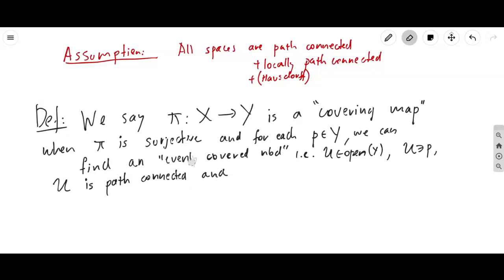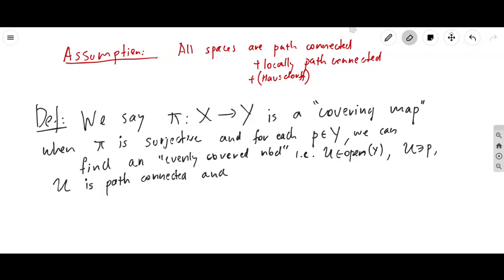If you look at certain books in topology, when they define a covering map, they do not necessarily assume that U is a path connected set, but because we have this locally path connected assumption, it means that given an open set that contains a point, you can always find something smaller that contains the point and happens to be path connected. So because of this extra assumption, you're permitted to get away with just assuming this.